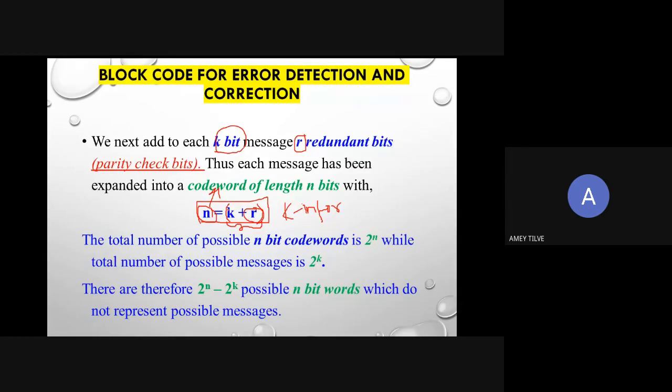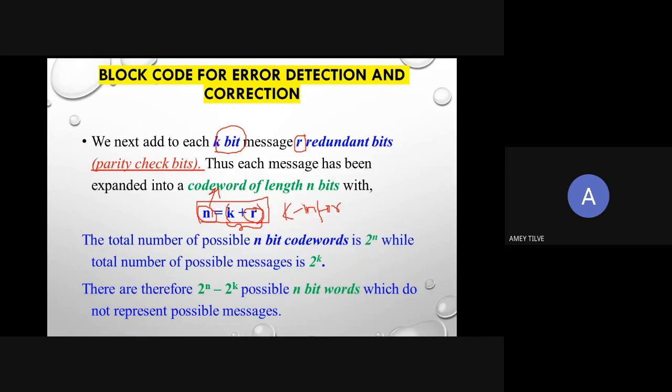Henceforth, we are going to refer to this word, code word, very often. So a code word is generated from your information bits plus your redundant bits, which we add to the message when sending it across, to check if the correct message has reached the receiver or not. I hope the definition of code word is very much clear to you all.